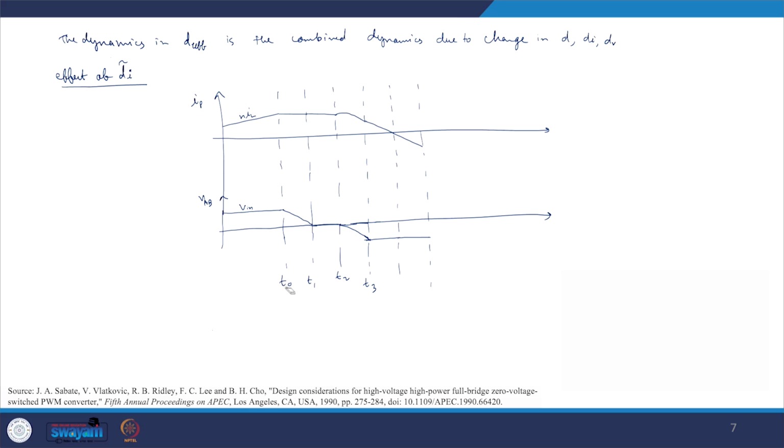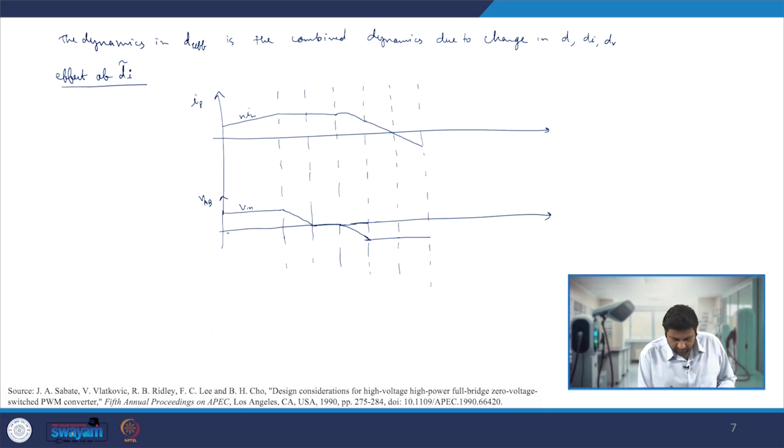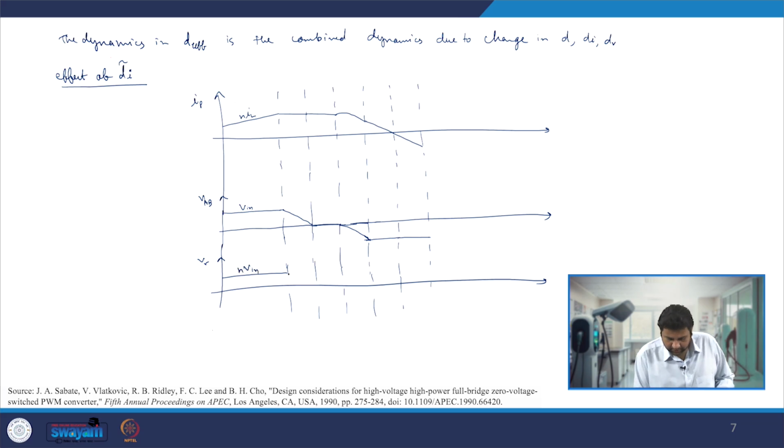Similarly, we can also draw one more thing, which is our VR. If we try to draw our VR, it was here NV in. Here again it was following the VAB, and after this it goes to 0 here.